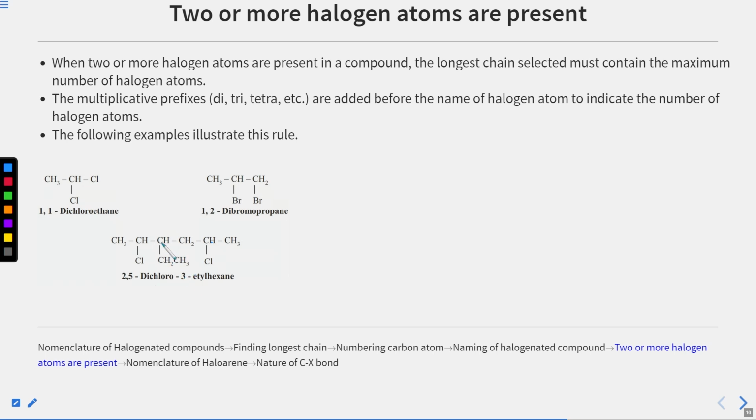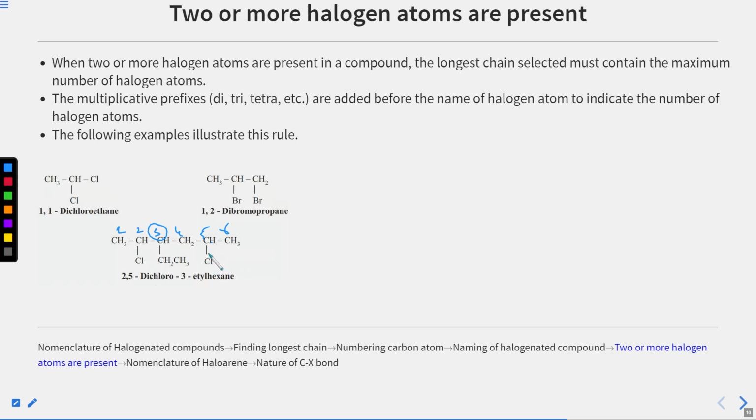Then at what position is it present? 1, 2, 3, 4, 5 and 6. So at position 3 we have this ethyl. So we will write 3-ethyl, and how many carbons? 6. So hexane. So 2,5-dichloro-3-ethylhexane.